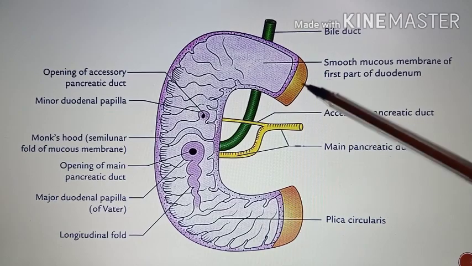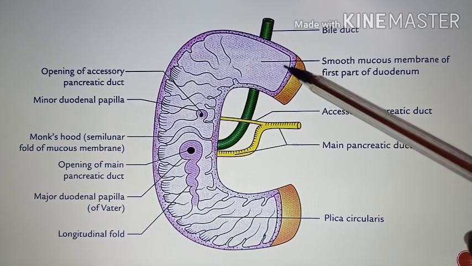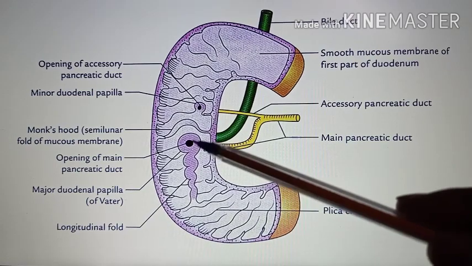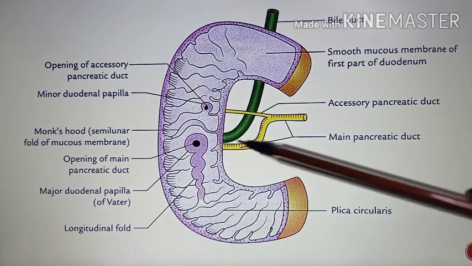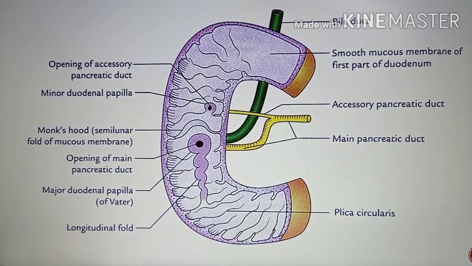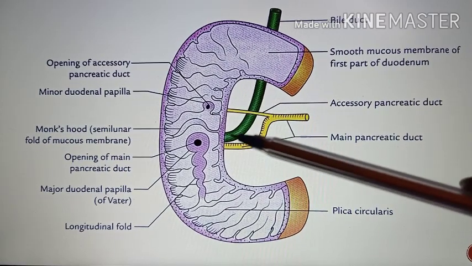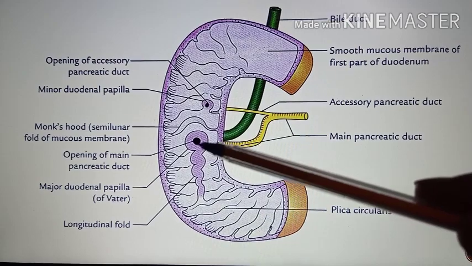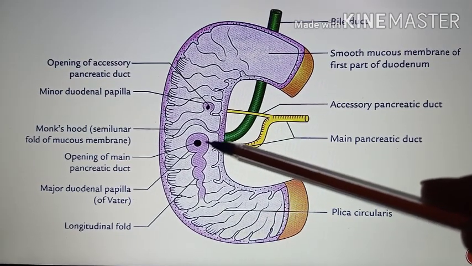Here you will have the pylorus of the stomach, and just 8 to 10 centimeters distal to it will be the major duodenal papilla. The hepatopancreatic ampulla opens into the summit of the papilla.